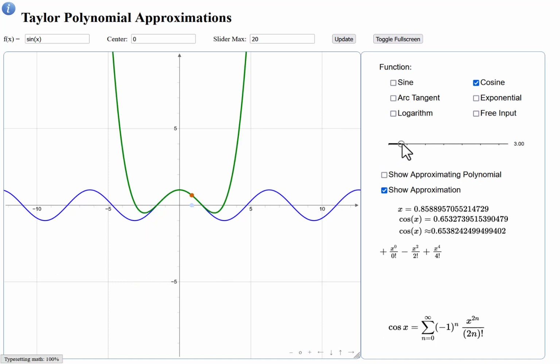If I continue that and add the next term, here I'm getting really good convergence at 1. If I just continue on just slightly further, I now have convergence out to close to about 1.5.